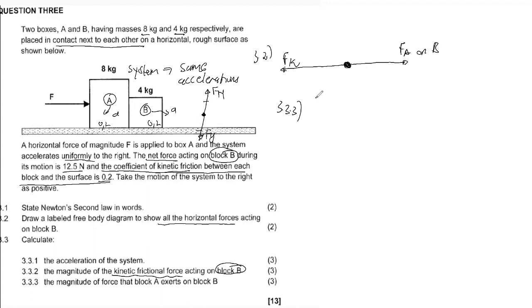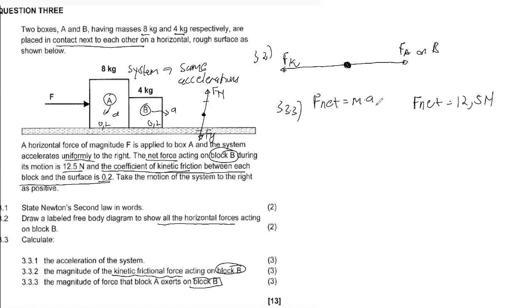So what can we say? We can just say F net is equal to mass times acceleration. But remember, if we are still using block B, we've already deduced that the F net for block B is equal to 12.5 newtons.